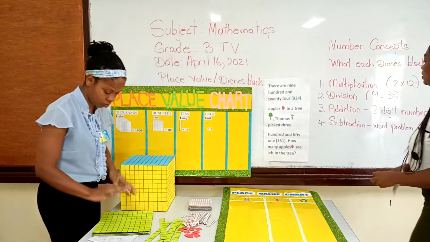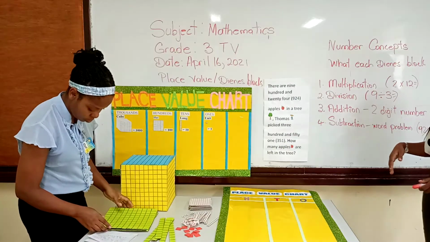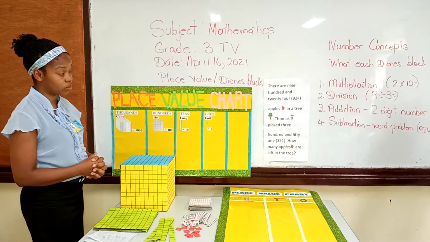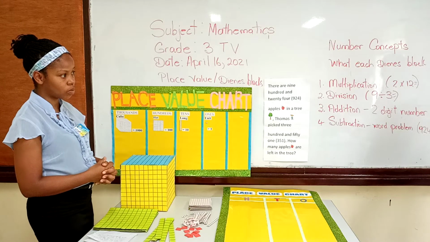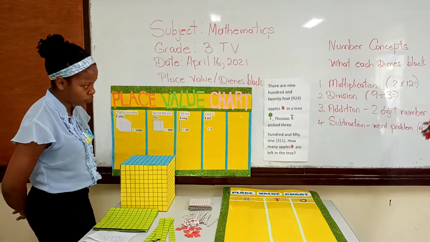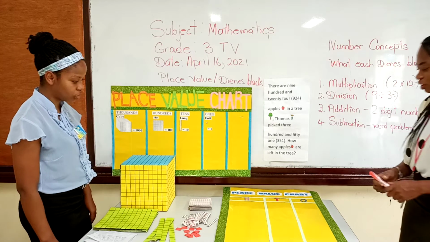Now we're moving on to our third concept, which is addition. We're going to do addition with 2-digit numbers. So we have 34 plus 22.